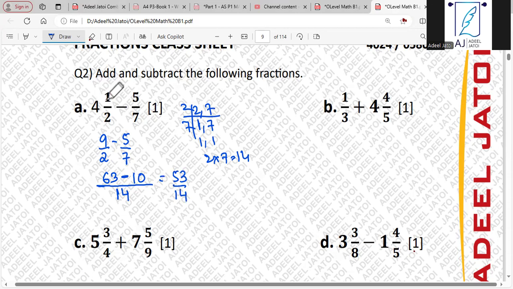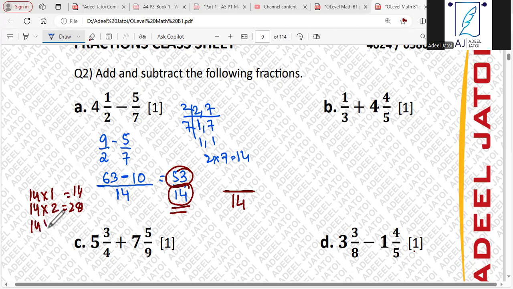You can always change your number in the mixed numbers as well. Let's say the denominator is 14 here. So let's write down 14 in the denominator, right? But you need to calculate. What do we have? 14 ones is 14, 14 twos is 28, right? 14 threes will be 42, right? But 14 fours is 56.